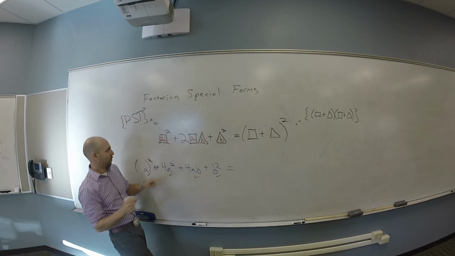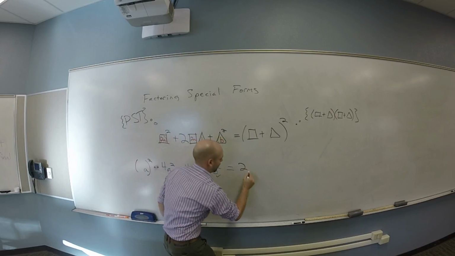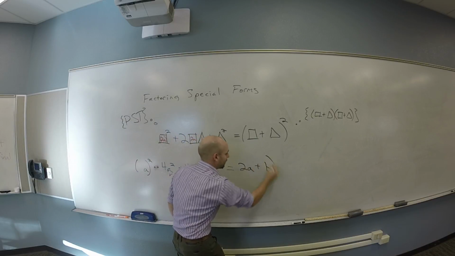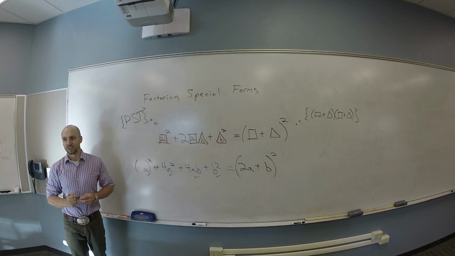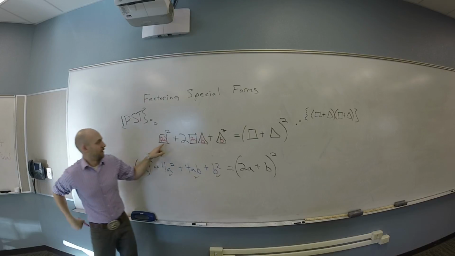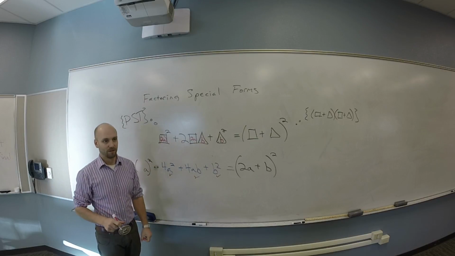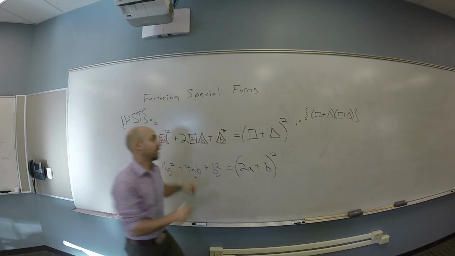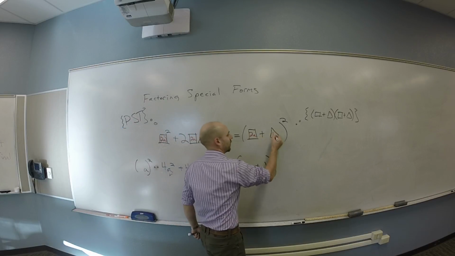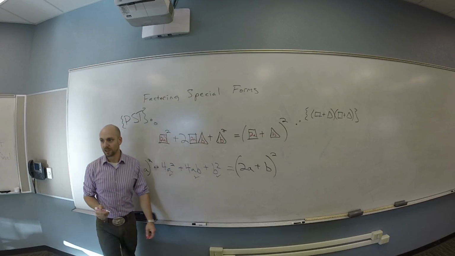So it's 2a plus b, all squared. I carried my square and triangle thoughts from this side over to the other side. You guys see that?